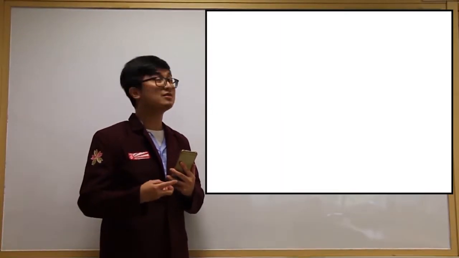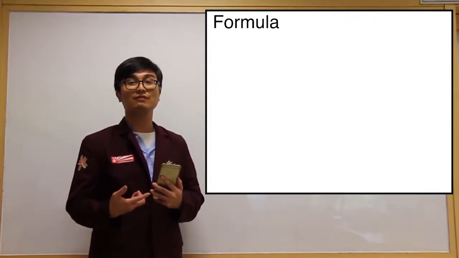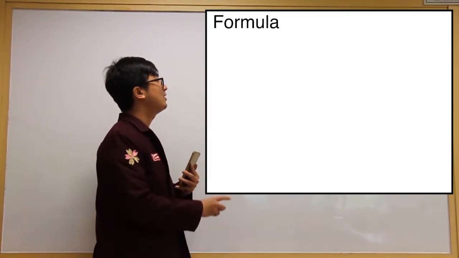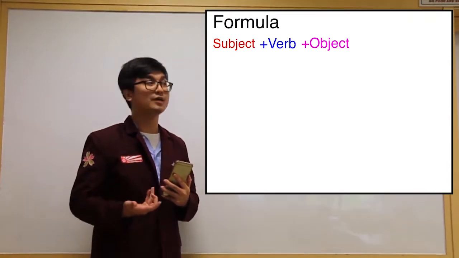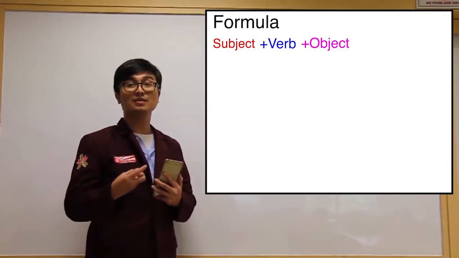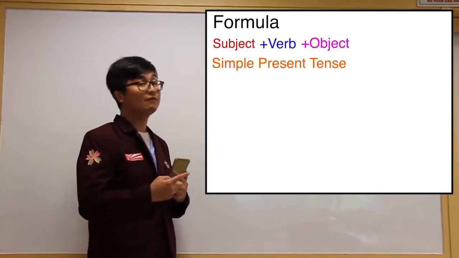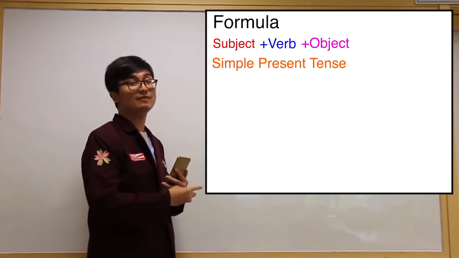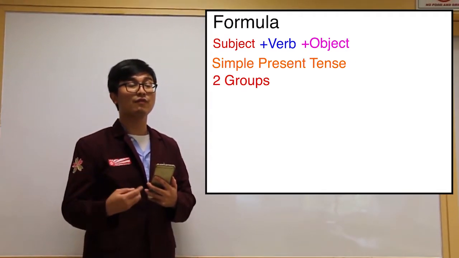So, what is the formula for the simple present tense? So first, let's look at the formula of the sentence structure. SVO, subject plus verb plus object. Assuming the sentence is in simple present tense, the verb is dependent on the subject of the sentence. There are two groups of subject that affect the formula.